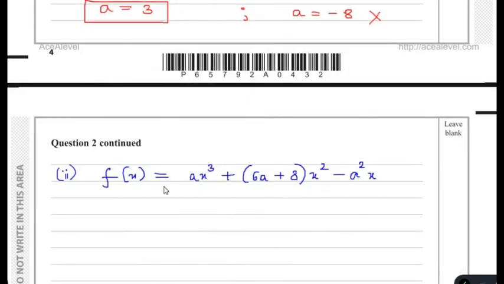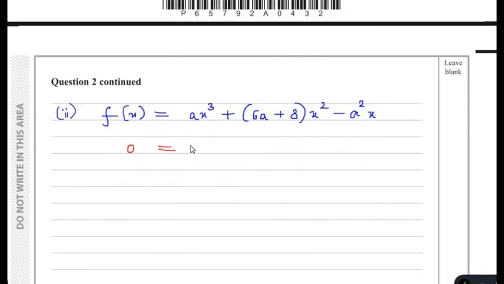I have written already the f of x. They told us that f of x is 0, so let me put a 0 here, and in place of a we put 3, so it becomes 3x cube plus 6 times 3 is 18 and 18 plus 8 is 26 x square, and minus 3 square becomes 9x.